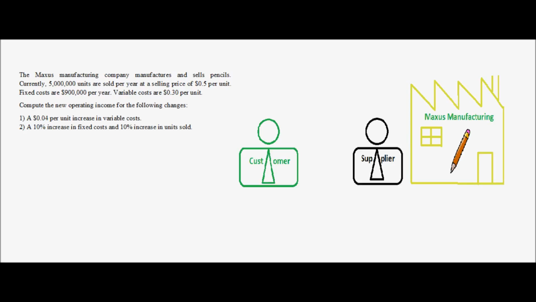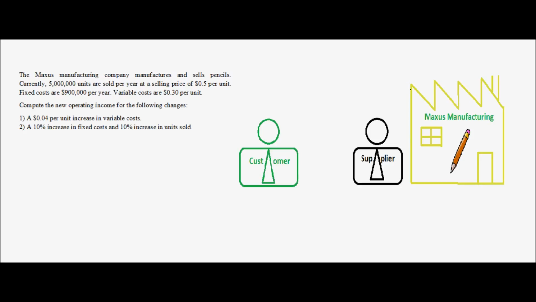Now, we are being asked to compute the new operating income for the following changes. First, a $0.04 per unit increase in variable cost, and second, a 10% increase in fixed cost and 10% increase in units sold.